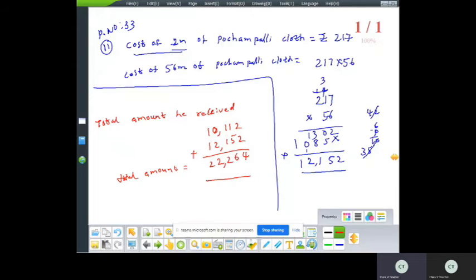After this, now we do some more problems from the textbook. That is page number 30. Divide and multiply.